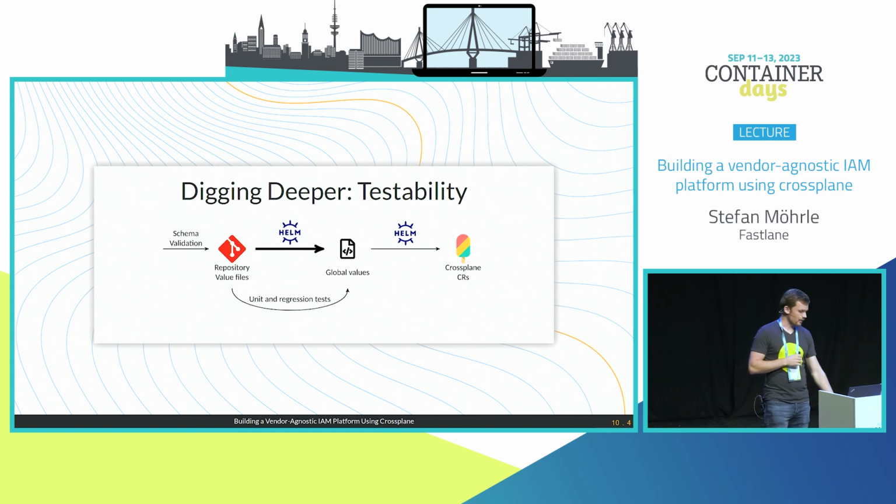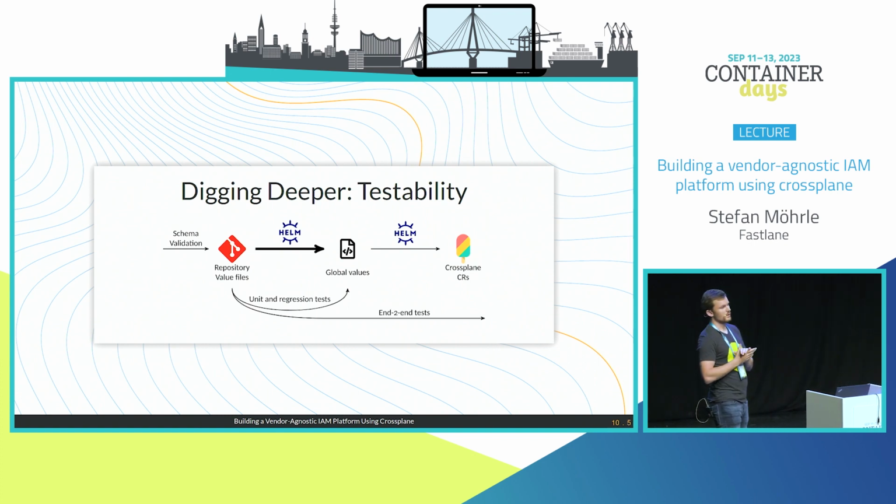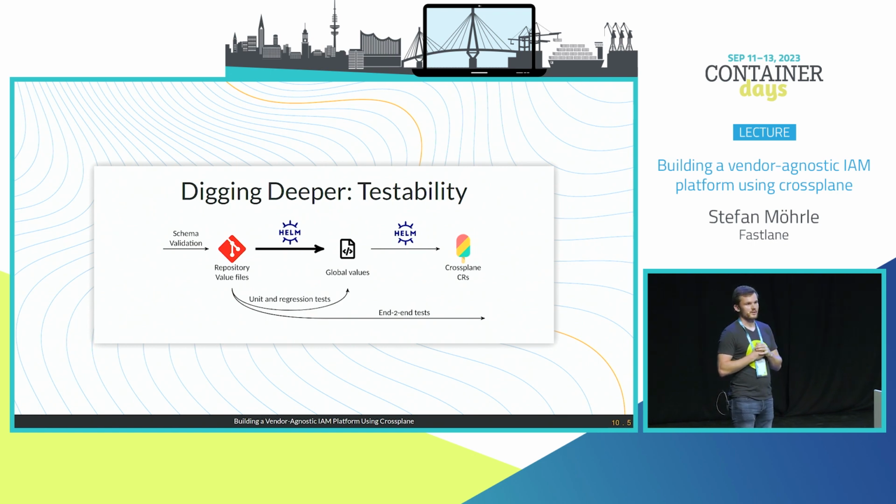And then the last thing is we also have end-to-end tests where we, in our test system, can look into the state, what is the desired state, and then use some clients for the application, so a client for Keycloak, a client for Grafana, and so on, and check if the actual state is represented in the test systems, and therefore having those end-to-end tests as well.